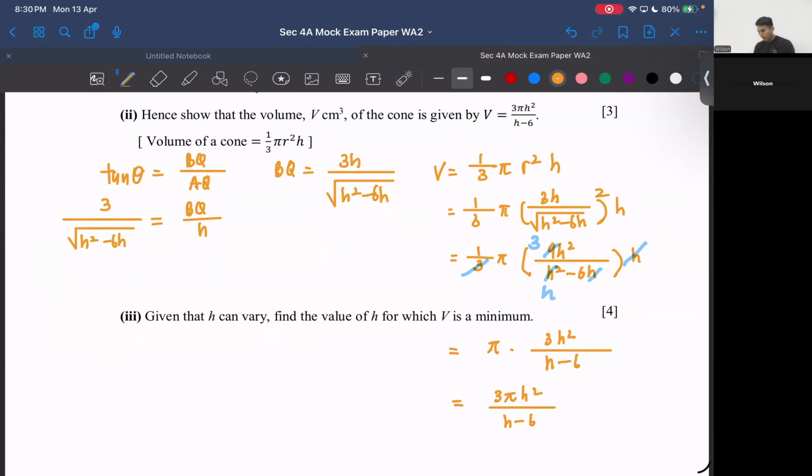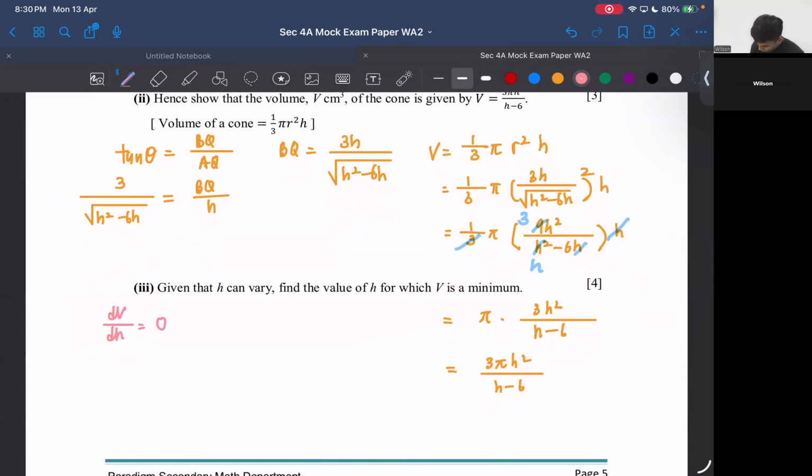Given that H can vary, find the value of H for which V is minimum. What should I be doing? dy over dx, but in this case there's no y and x, so it should be dV over dH equals 0.